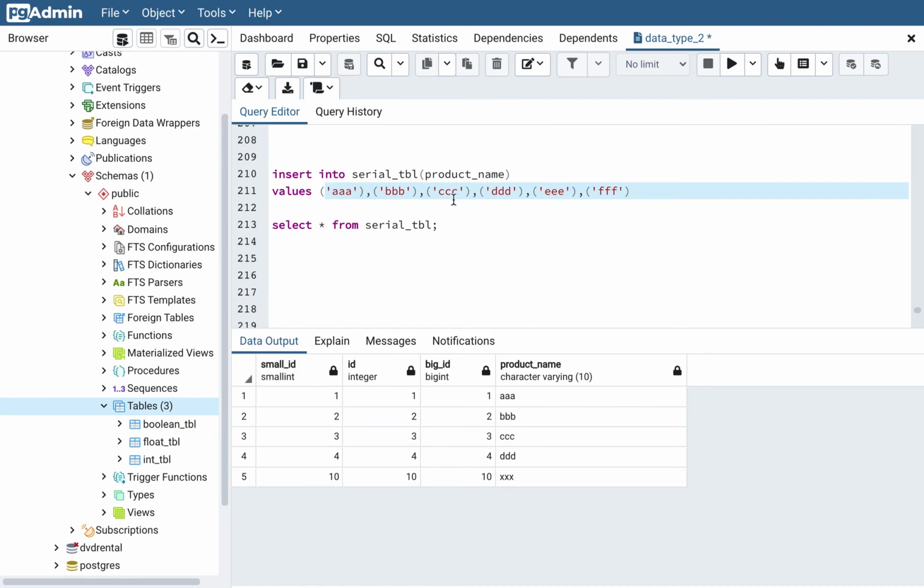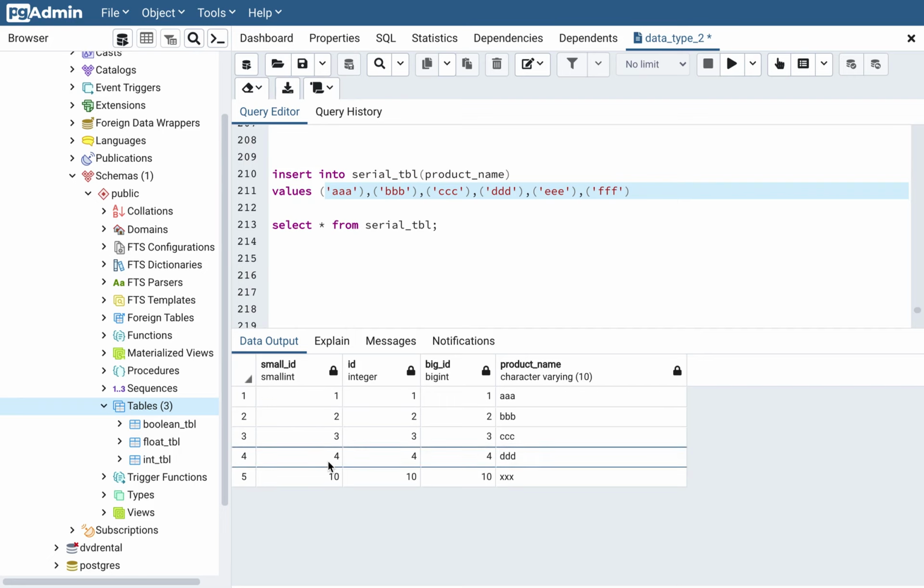But 10 is already existing. So what will be the next value? Will the next value be 11, 12, 13, 14, 15 and so on, or will it be 5, 6, 7, 8, 9, because SQL has inserted only till 4?